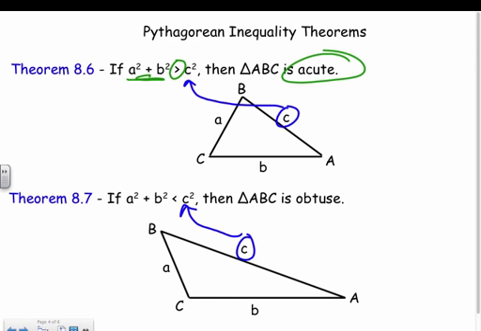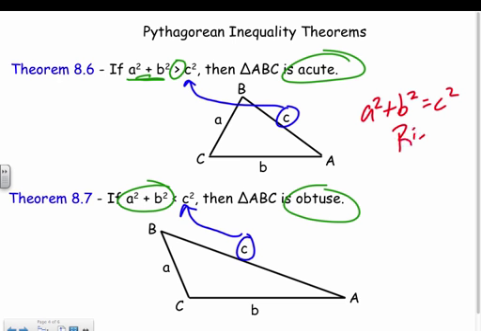If a squared plus b squared is smaller than c squared, I know the biggest side is really long, and so it's going to make an obtuse angle. So basically, if the Pythagorean theorem works, it's a right triangle. If a squared plus b squared is greater than c squared, it's acute. If it's less than, then it's obtuse. Those are our three little rules here.